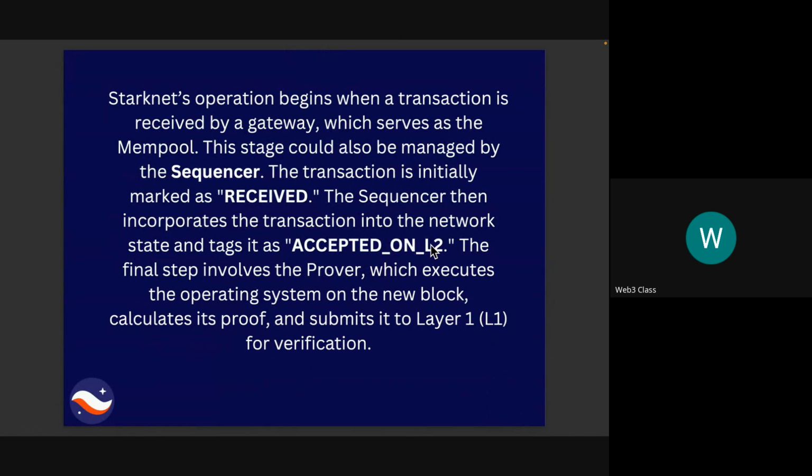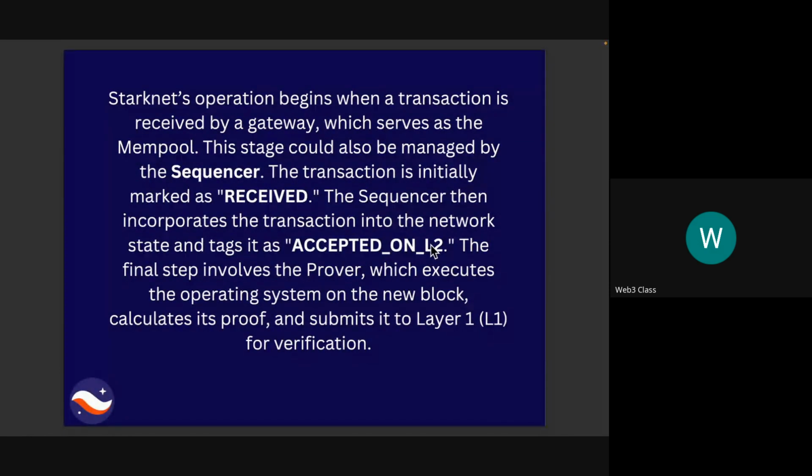Starknet operation begins when a transaction is received by a gateway, which serves as the main pool. This stage could also be managed by the sequencer. The transaction is initially marked as received.